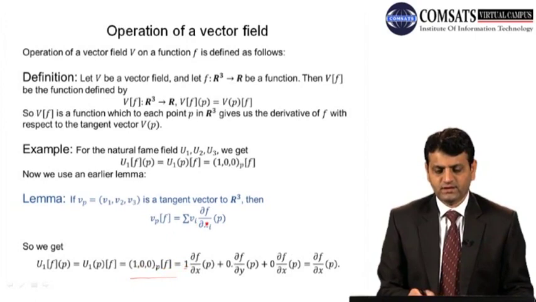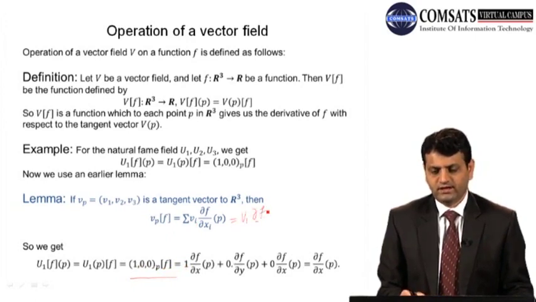So by using this lemma, this must be equal to v1 partial f by partial x1 at point P plus v2 partial f by partial x2 at P plus v3 partial f by partial x3 at point P. So what is point P in this case? It could be any point of the space. It's not specified.